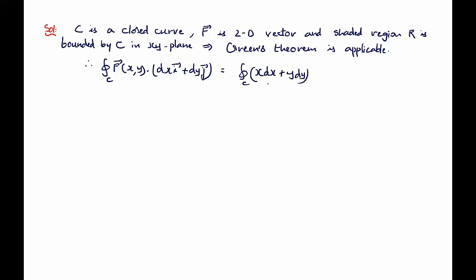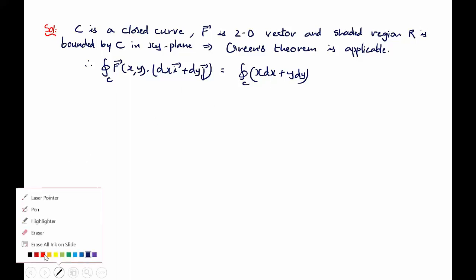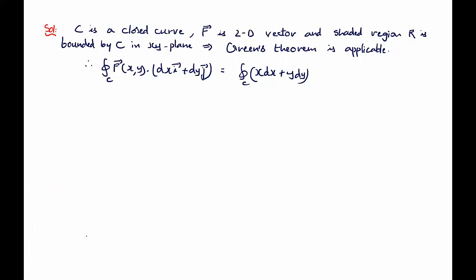Or you can apply the normal line integral method also. It looks like the integral over C of M dx plus N dy, where the dx coefficient is M and the dy coefficient is N.